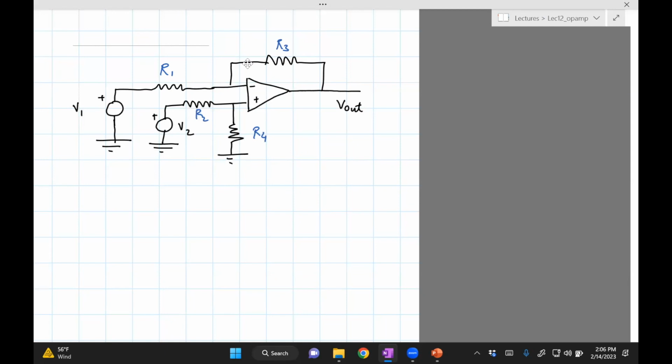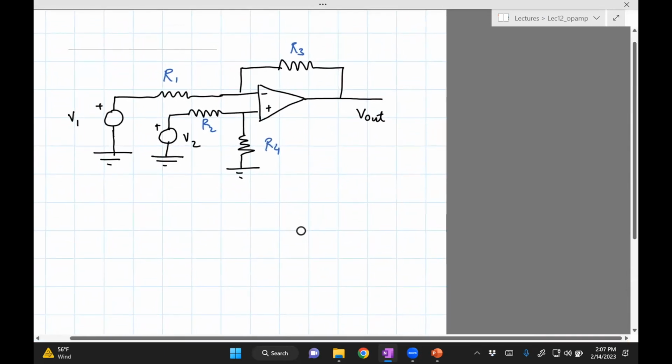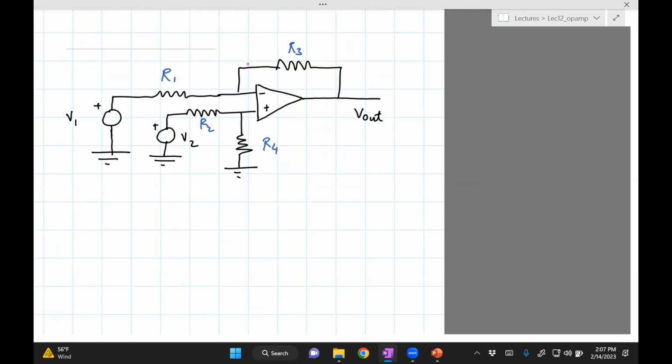Okay, so let's start drawing the currents. Let's just assume that current I1 flows through the voltage source V1 and I2 flows through V2. Now we know that the current flowing inside the amplifier, the V minus and V positive, is 0.